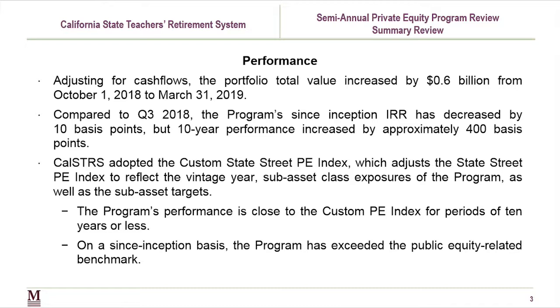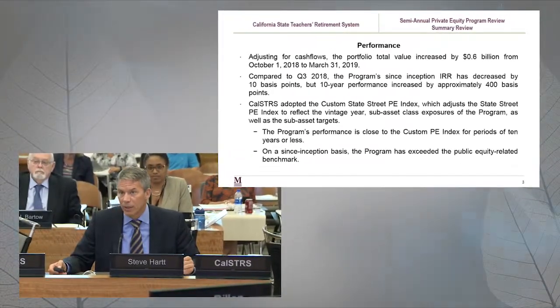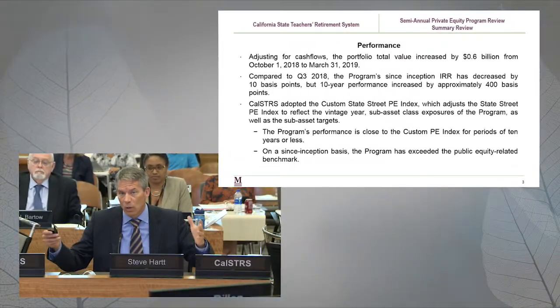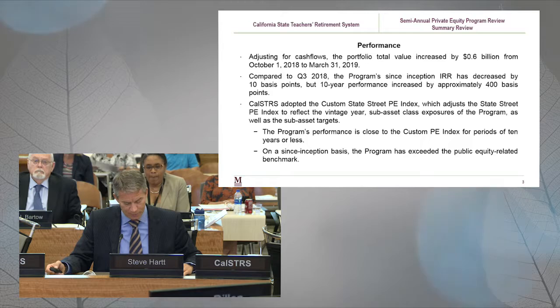Largely, the biggest impact has been in customizing the index to help adjust that index for the vintage year differences between the index and the CalSTRS portfolio. So just getting a more representative focus of what the actual investment benchmark should be. It's closer to what the CalSTRS program is like.